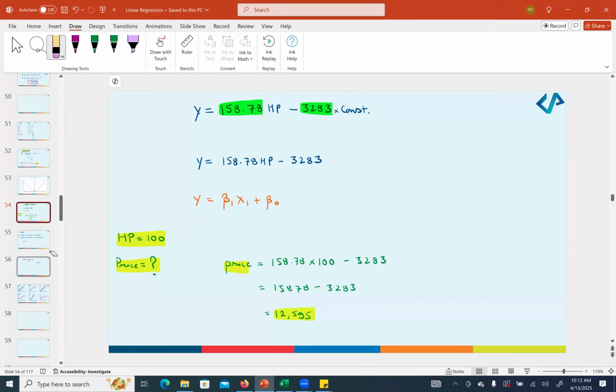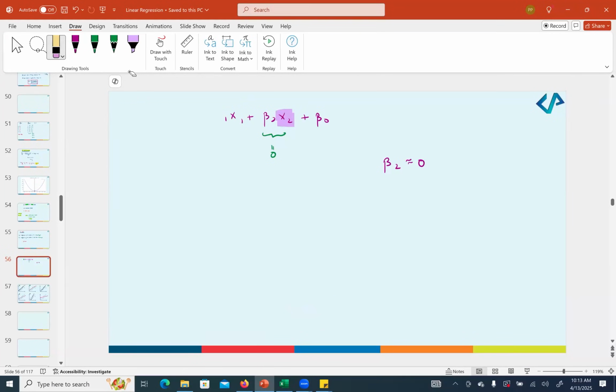Let's say we have two different problem statements, one Deepak is working on, one I'm working on. I'm working on a model which will try to predict the height of someone.